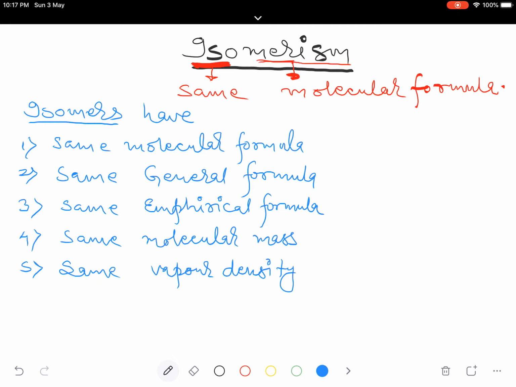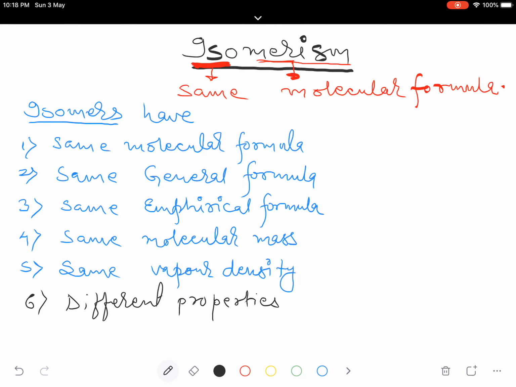So all these things are same, then what will be different? They will have different properties. Properties can be different, as chemical properties or physical properties, they can be different. Okay, so here we are defining that all these things are same and only properties will be different.